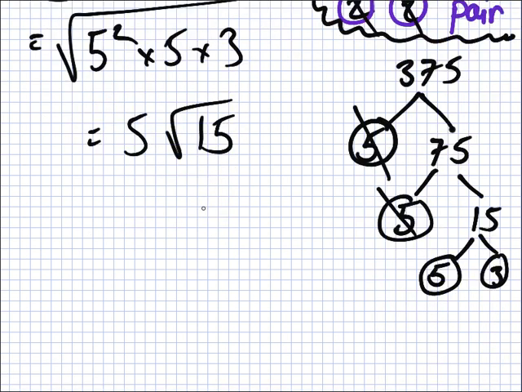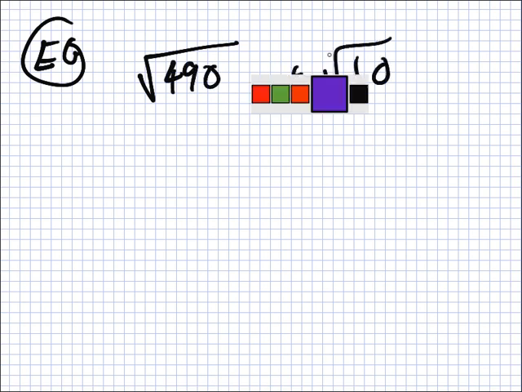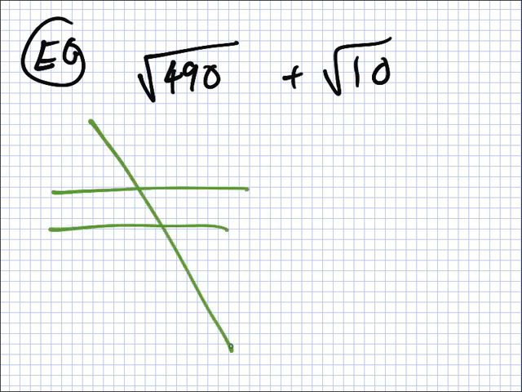Yep. Right, so the next type we have is, suppose we want to add or subtract two surds. Let's say I have root 490 plus root 10. Not root 500.